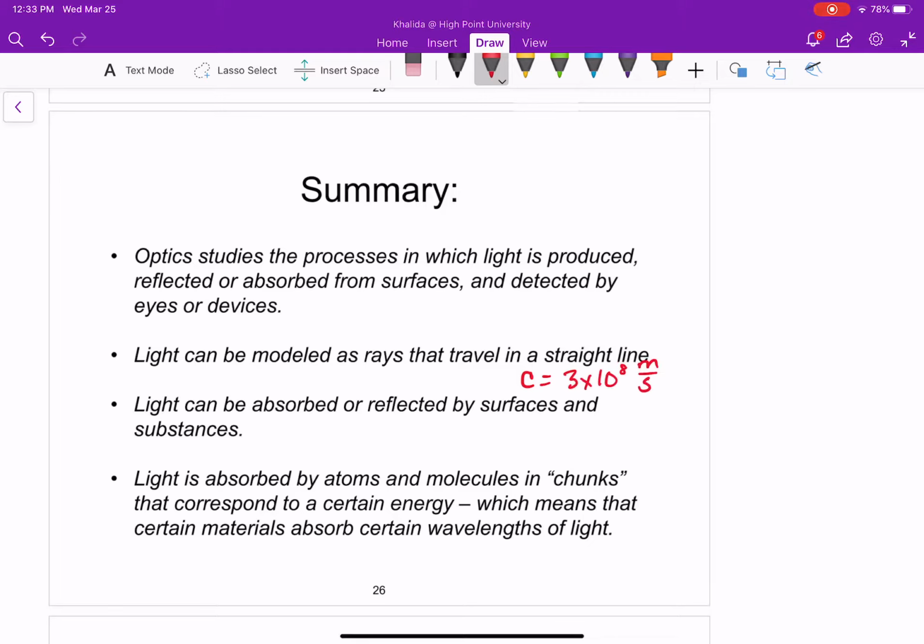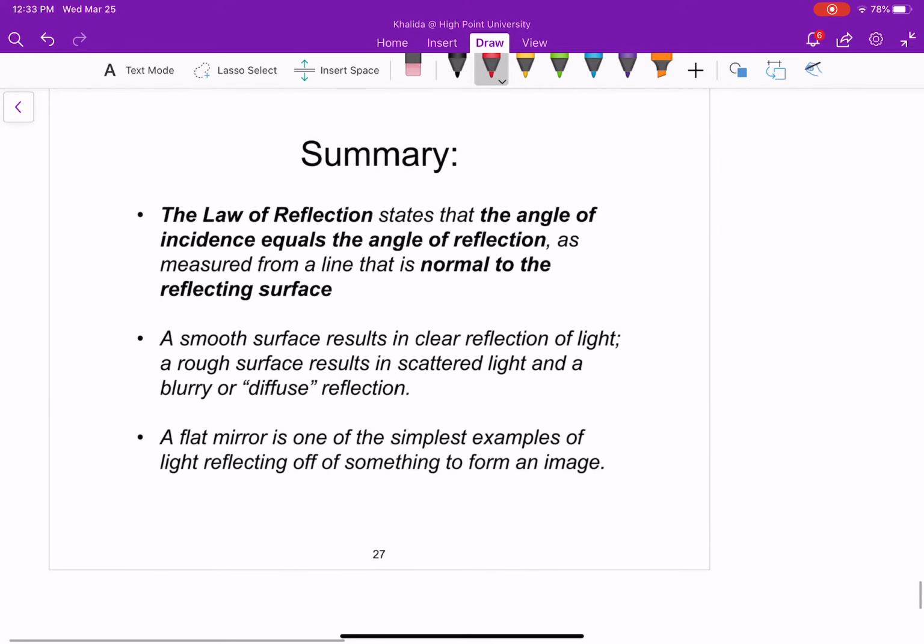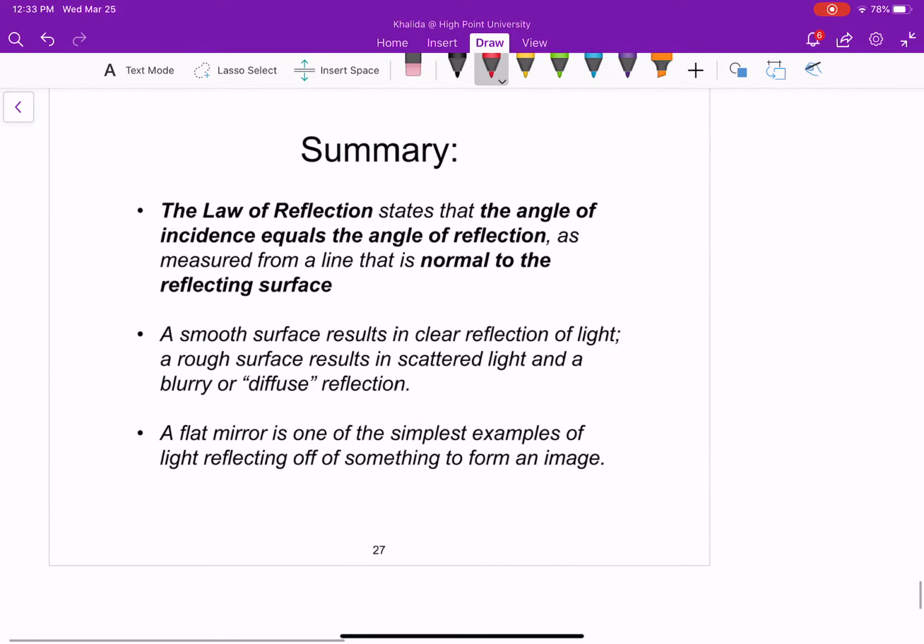So light can be absorbed or reflected by surfaces and substances. The way that it's absorbed is by atoms and molecules in little chunks that correspond to a certain energy. So that means that certain materials can absorb only certain wavelengths of light. The law of reflection states that the angle of incidence is always equal to the angle of reflection as measured from a normal that is drawn to the reflecting surface.